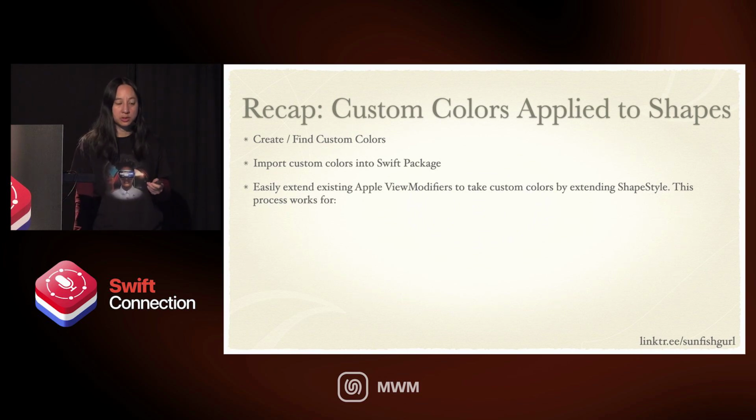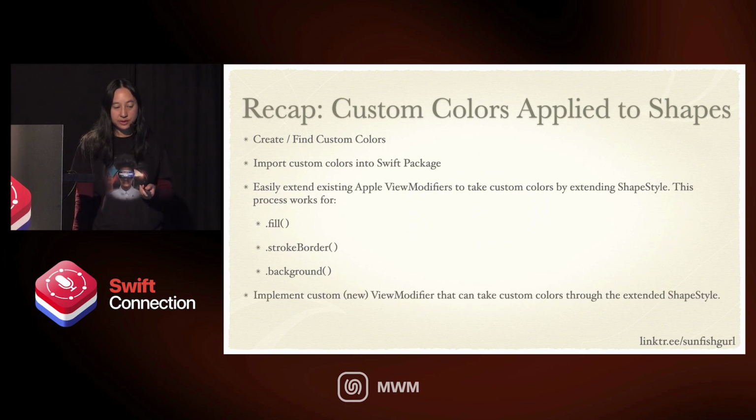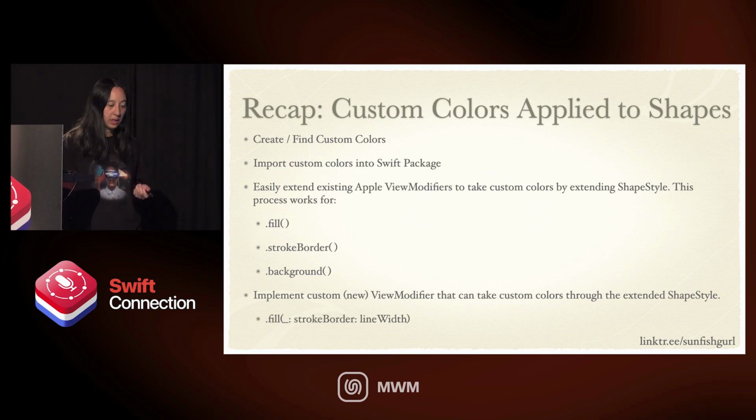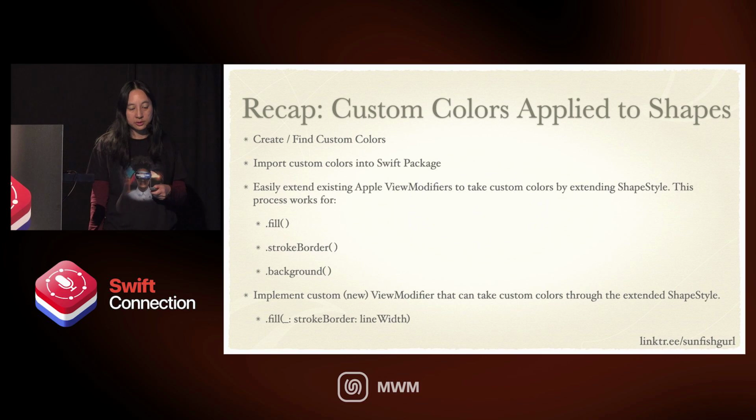This process works for the fill modifier, the stroke border modifier, and the background modifier. However, we needed to implement a custom new view modifier that can take custom colors through the extended shape style, and that was for our custom fill modifier that includes the stroke border parameter.